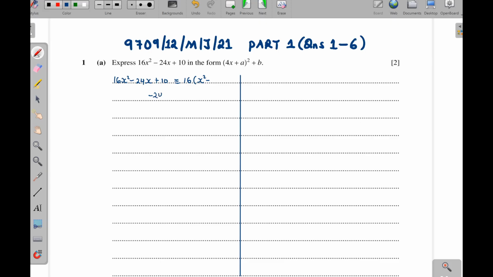So negative 24 divided by 16, we shall get 3 over 2. So this one will be negative 3 over 2. So inside here, I'll put negative 3 over 2 of x. Then I will leave this 10 outside here, so plus 10. Okay.